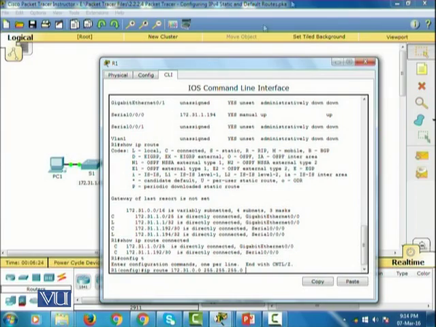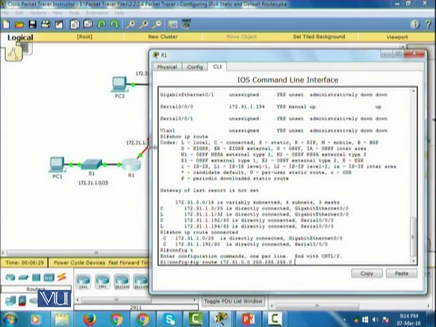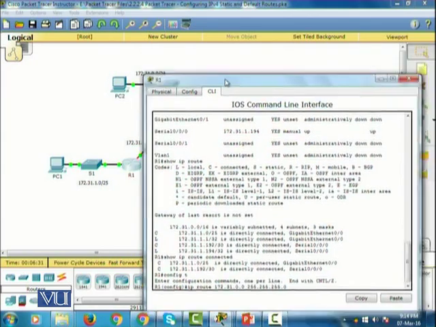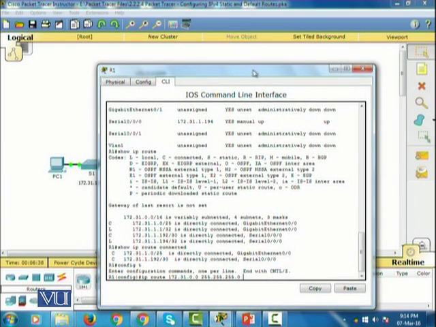All right, and the next hop address. What is the next hop address? Well, this is the address of R2, this interface, right? And it's going to be 172.31.1.193. All right, so I'm going to press enter.